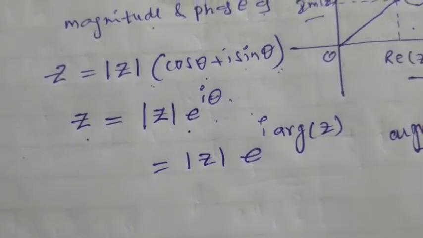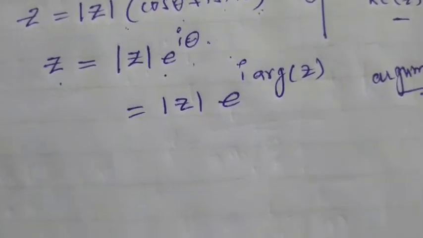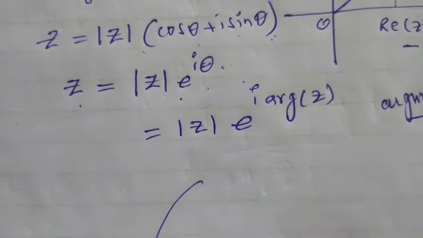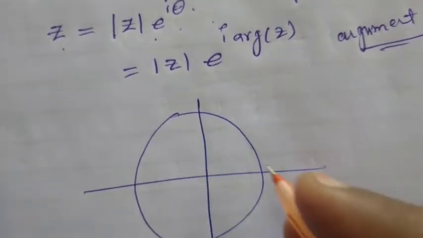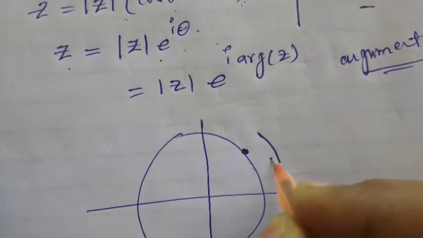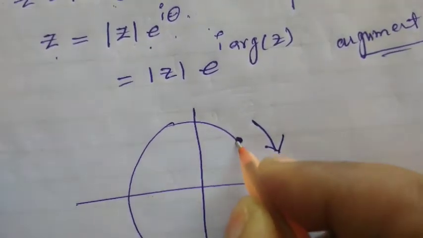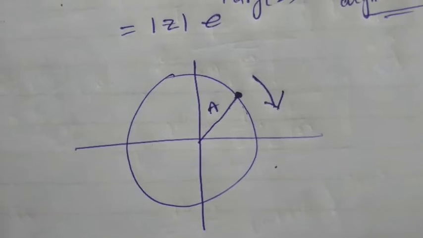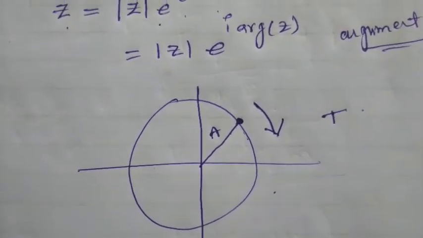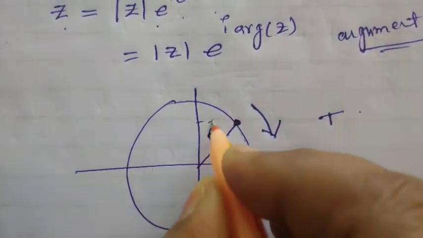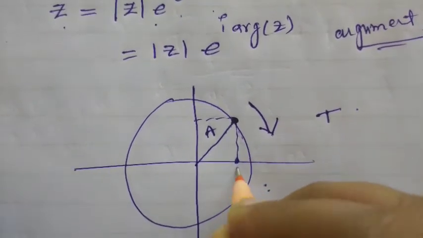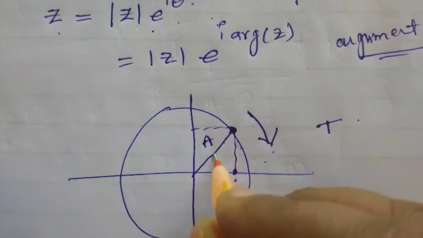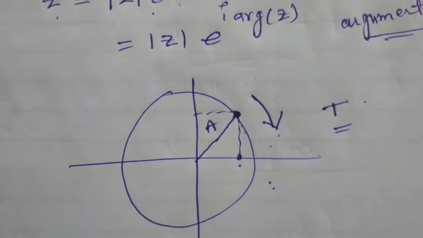Let us consider a point moving clockwise on a circle of radius a with angular speed omega in the complex plane.